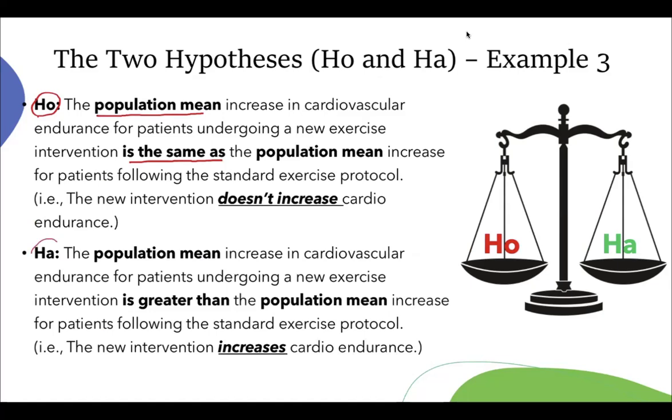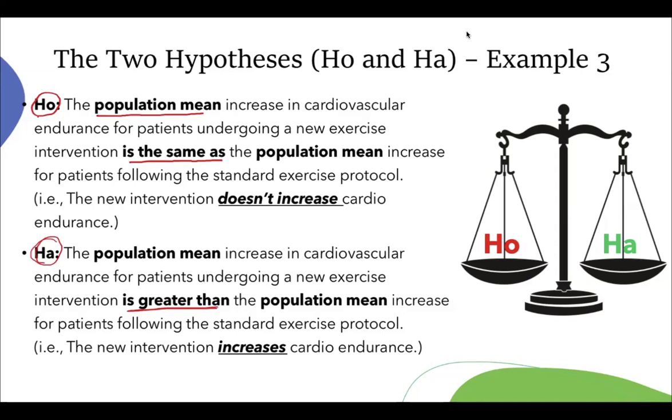The alternative, we state that there is a difference. The population mean increase in cardiovascular endurance for patients undergoing a new exercise is greater than the population mean increase for patients following the standard exercise protocol. The new intervention increases cardio endurance.